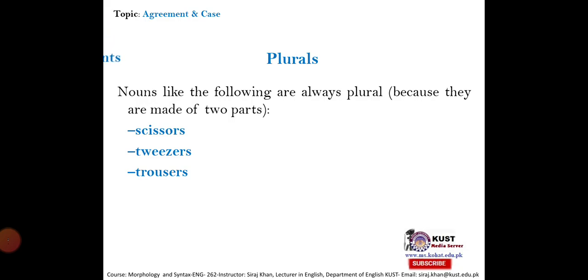The trousers and pants. His pants are dirty. His trousers are old and shaky. So these are the nouns that are always used with plurals.